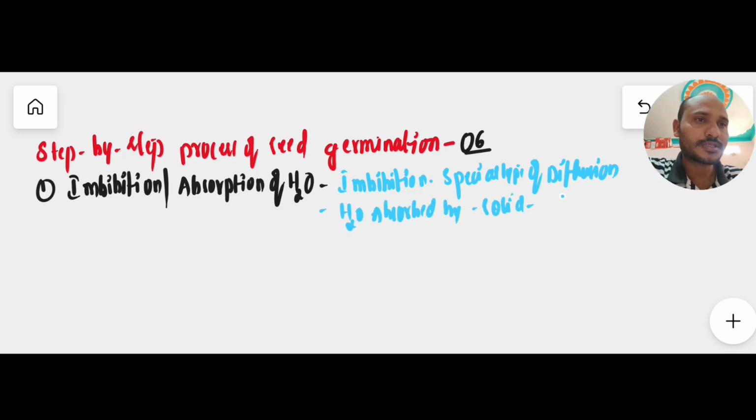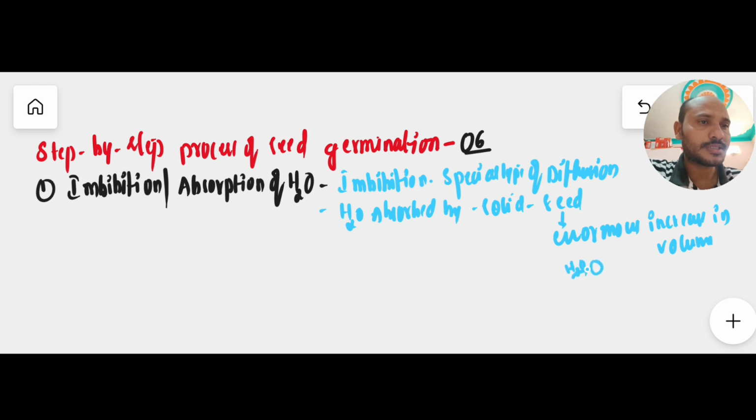Here the solid structure is nothing but the seed. When water gets absorbed by the imbibition process, the seed shows an enormous increase in volume. For example, if the seed is like this, when water is absorbed by the seed, the seed increases in size or volume like this. So this process is called imbibition.